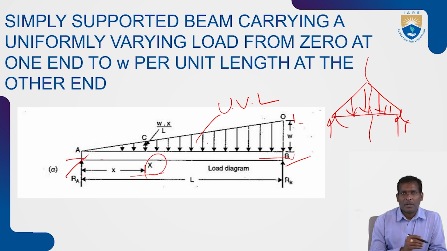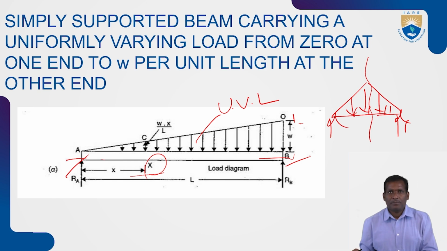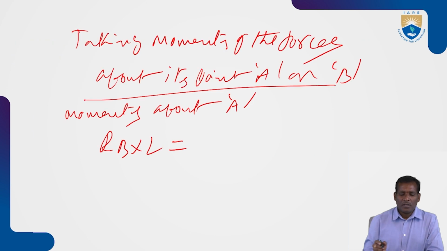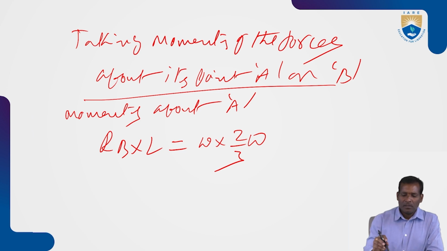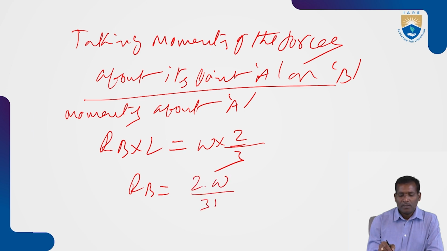The center of gravity of the triangular load is at 2 by 3rd of the length. So RB into L is equal to WL by 2 multiplied with 2 by 3rd L, so RB is equal to 2W by 3L.